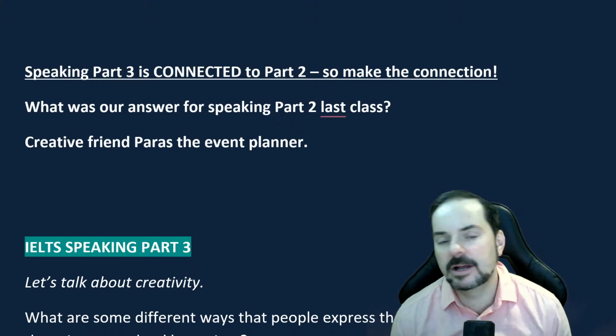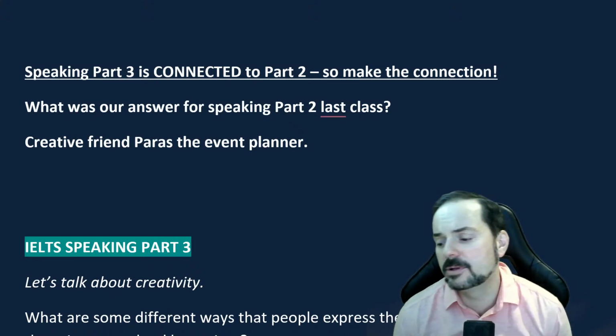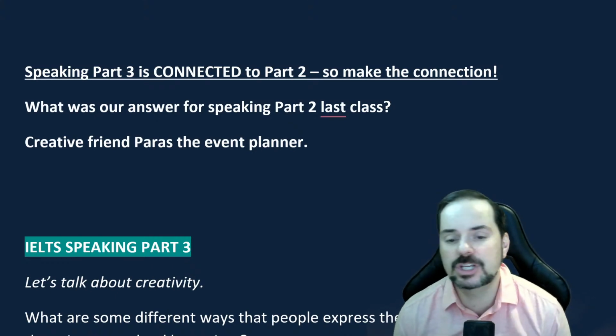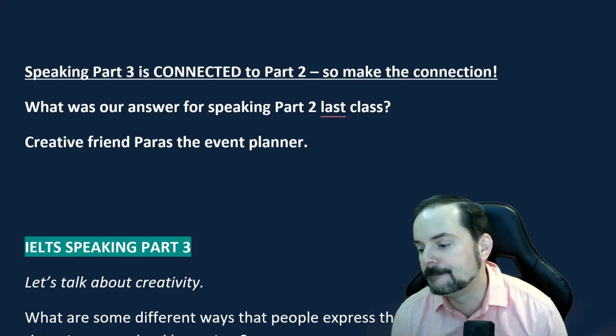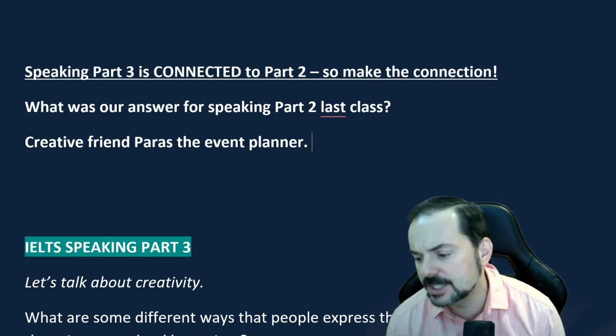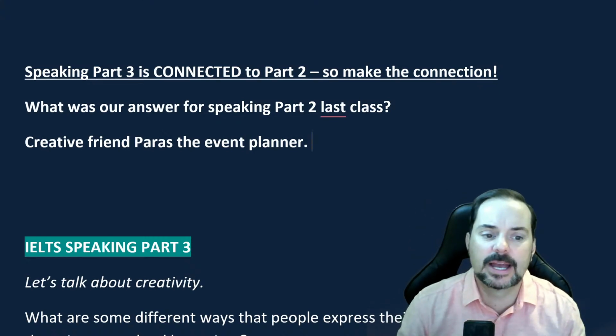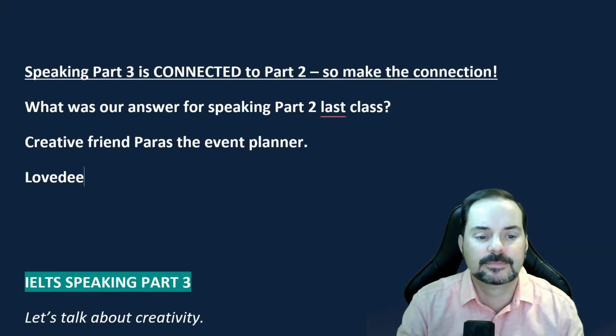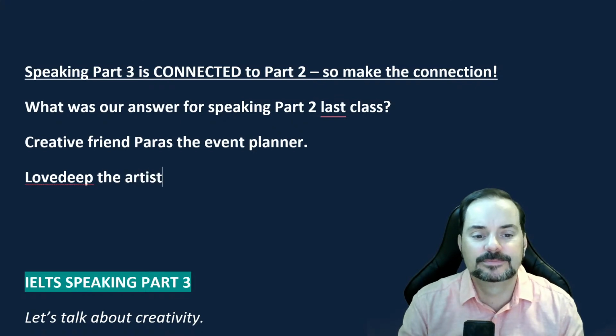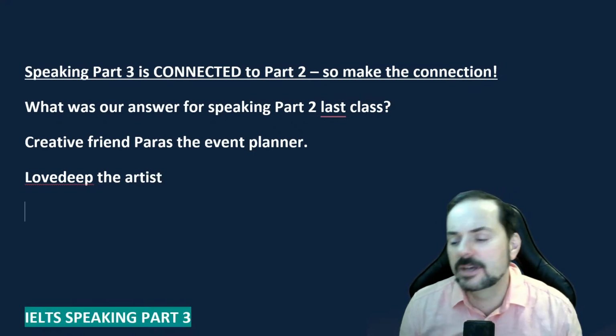And then I interviewed a couple of people, Sun, Baljit, and Sunantha. They also had some ideas. So Baljit says, love deep. Yeah, also we had a love deep. The artist, yes. And how about Sun?